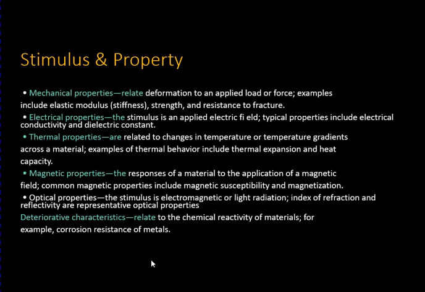So most metals, when you expose them to the atmosphere, tend to rust, and as they rust, they deteriorate. Rust actually causes the deterioration. So now the resistance of these metals to this particular chemical activity confers on them some deteriorative characteristics or properties. So please take note of that.